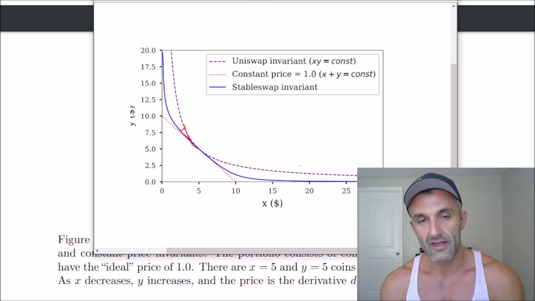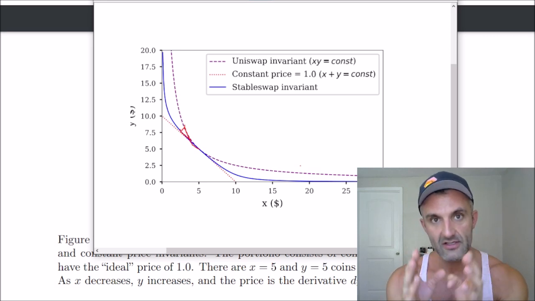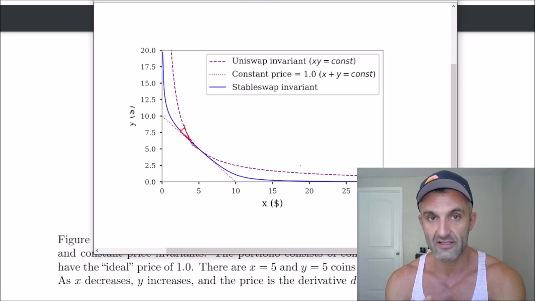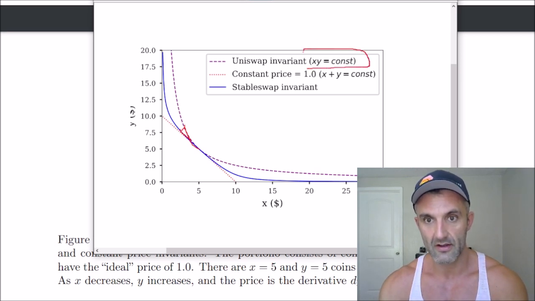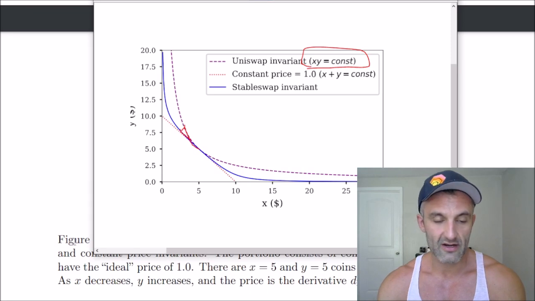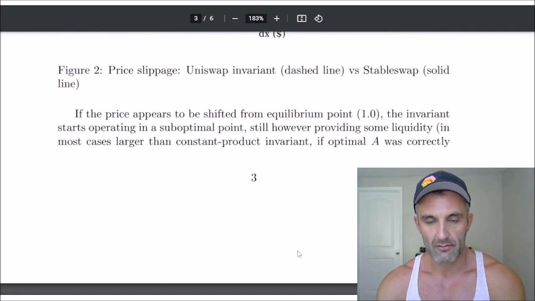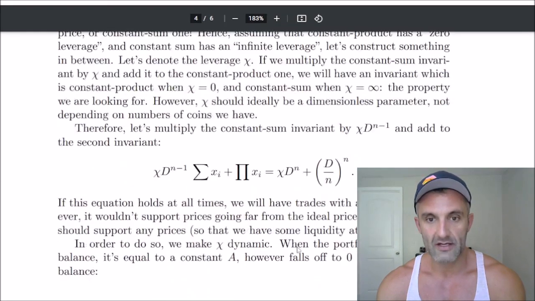Now, with Curve, because they changed the constant product formula for the AMM, that's this thing right here, they changed this. We're not going to get into the math because I think it's probably too boring for a lot of people.